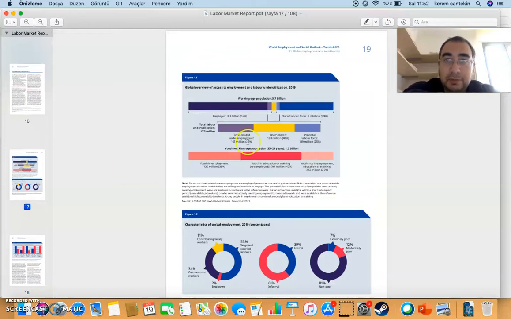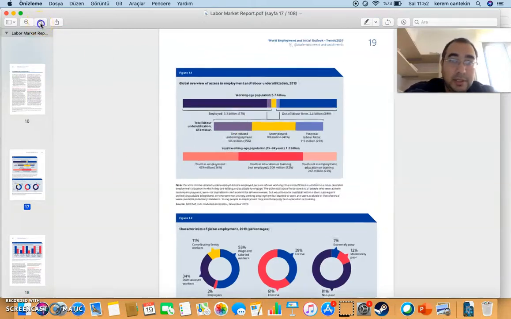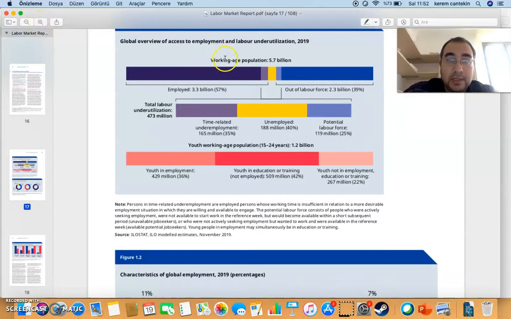Now, this might be the first interesting graph. You can see here the working age population of the whole world, which is 5.7 billion people. Out of these people, 39% are out of the labor force. This is 2.3%. These are the people who are underutilized, total labor underutilization, 473 million people.